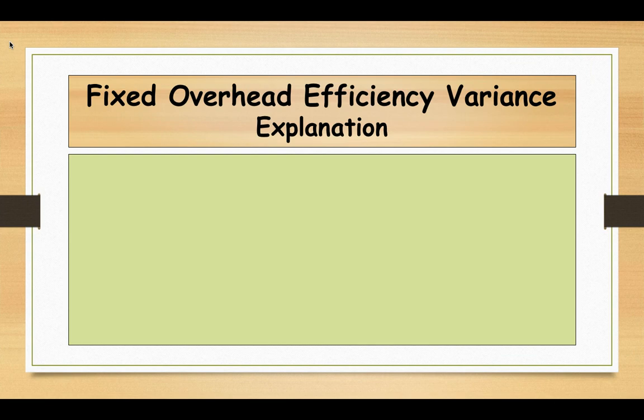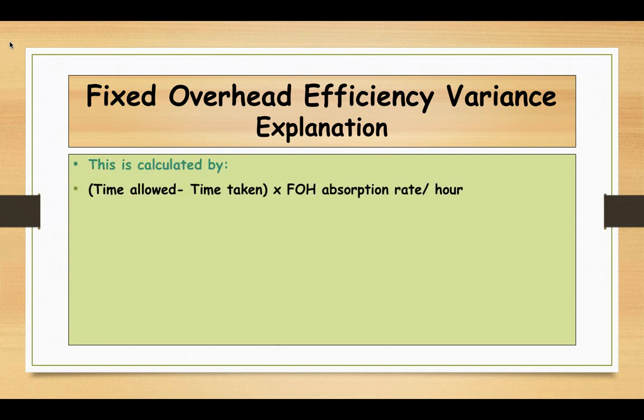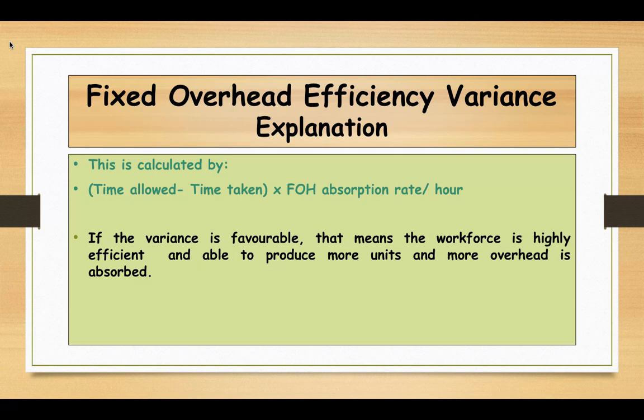Fixed overhead efficiency variance. We'll see how to calculate this variance. Like the labor efficiency variance, we compare the time allowed and the time taken, and the difference, we multiply by the fixed overhead absorption rate per hour.